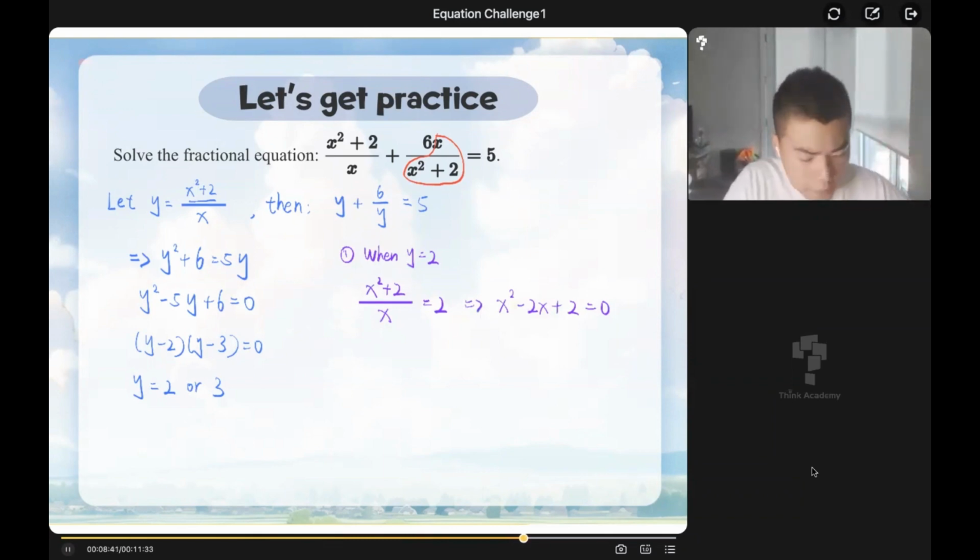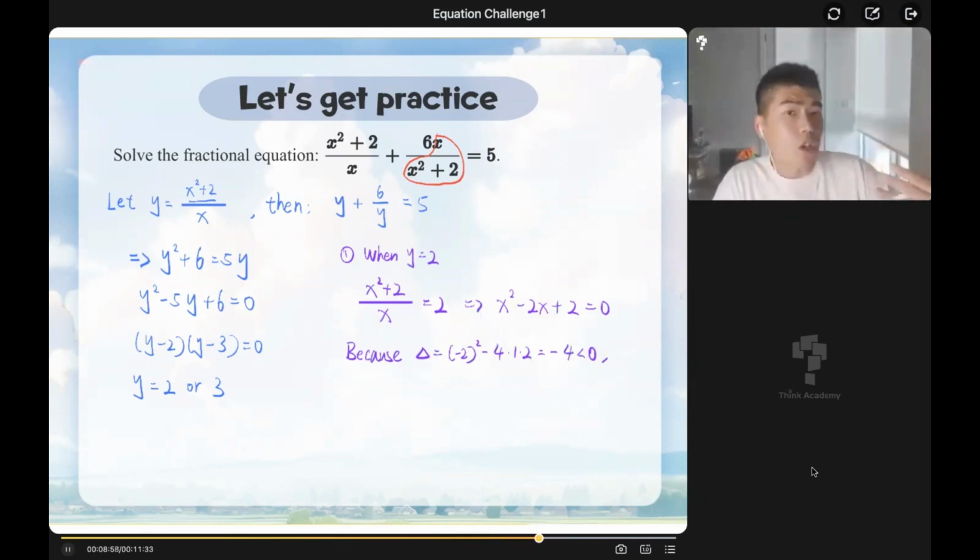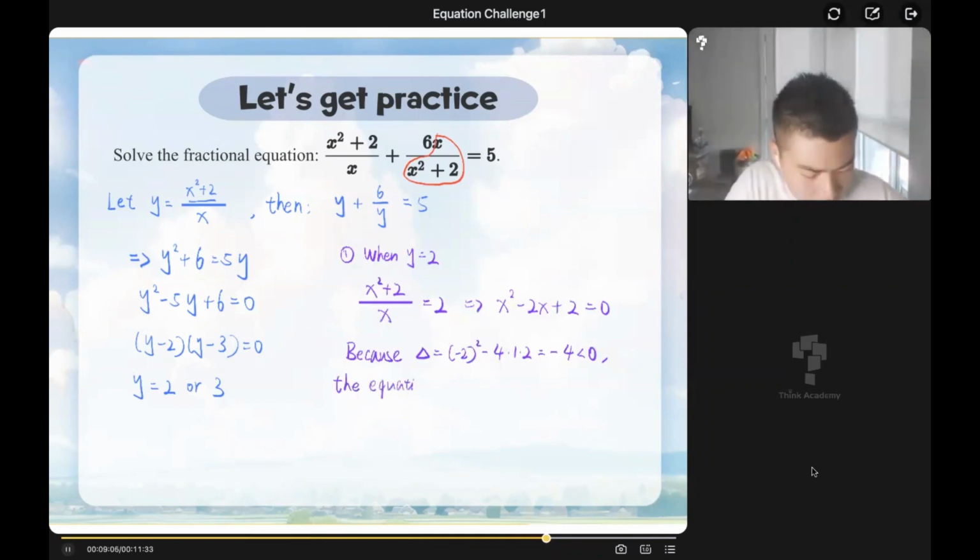So the discriminant is equal to negative 2 squared minus 4 multiplied by 1 multiplied by 2, and that's going to be negative 4, less than 0. So this equation actually has no real solution.